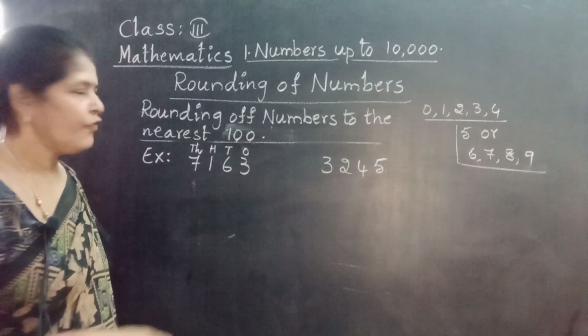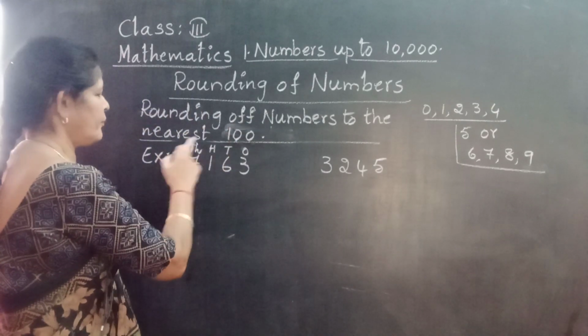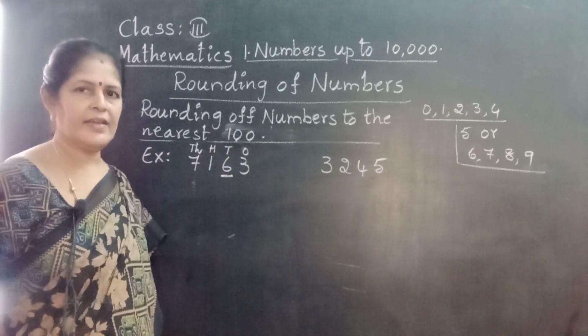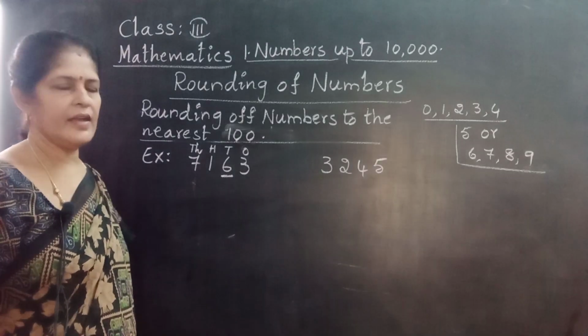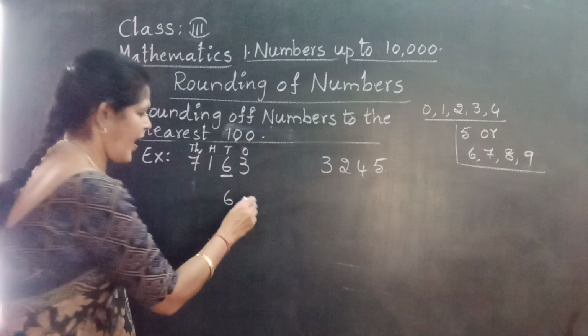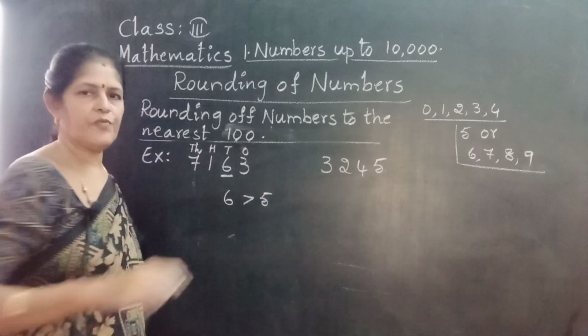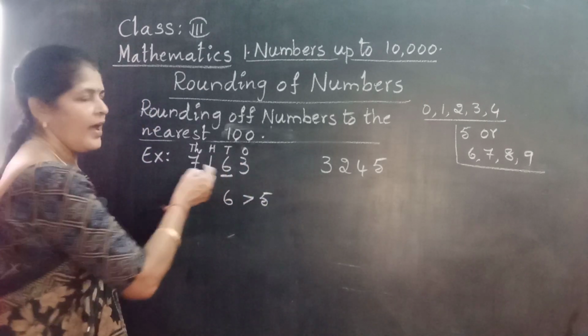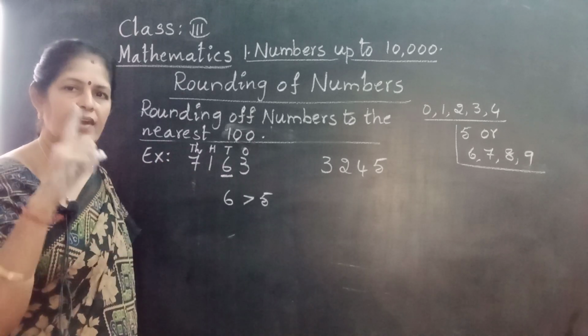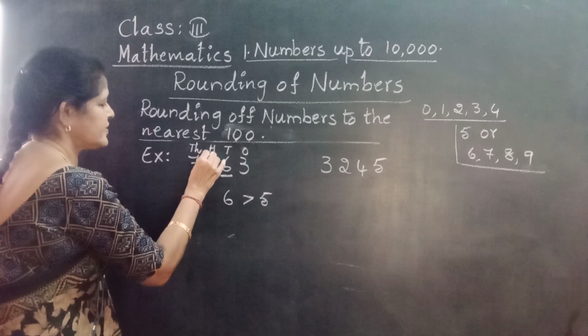Same rule. When we are rounding off numbers to the nearest 100, check the tens place number. Here the tens place number is 6. 6 is greater than 5. Then we add 1 to the hundreds place number.